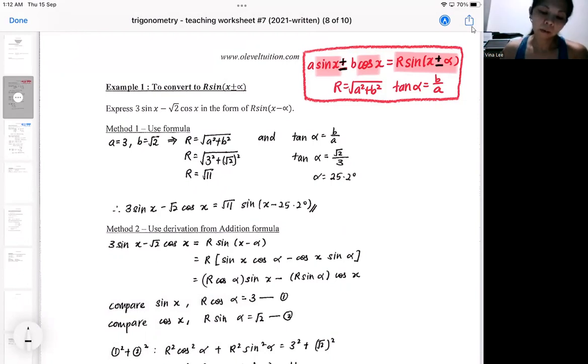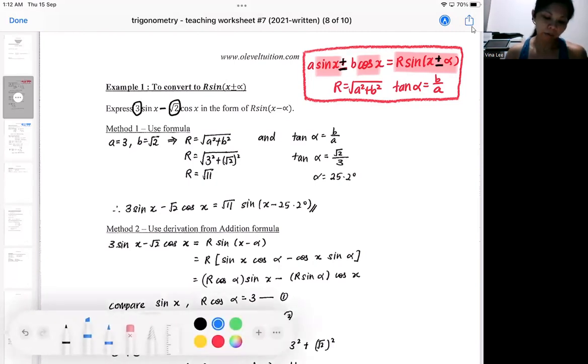So to execute the formula, you need the values of A and B. You must be able to detect A and B first. In my example here, this will be my A, and this will be my B. Regardless of the sign, you don't have to care about the minus.